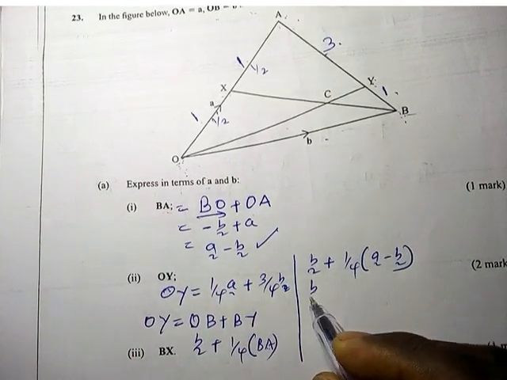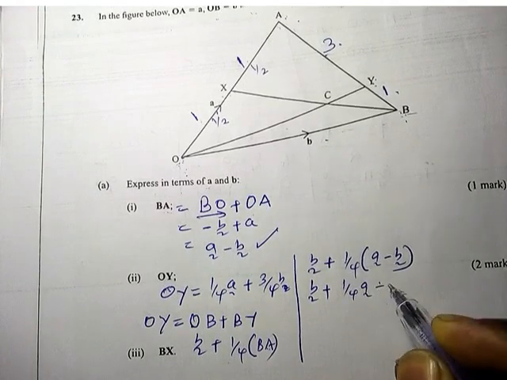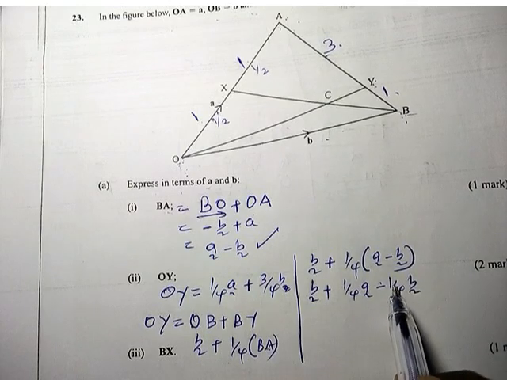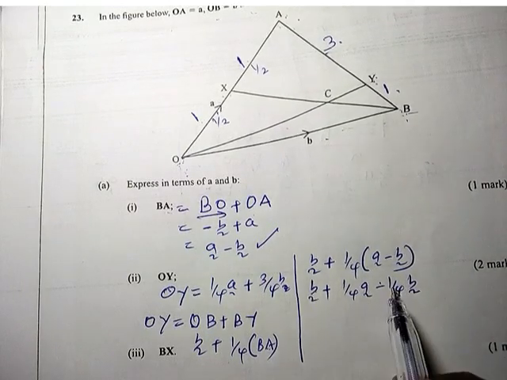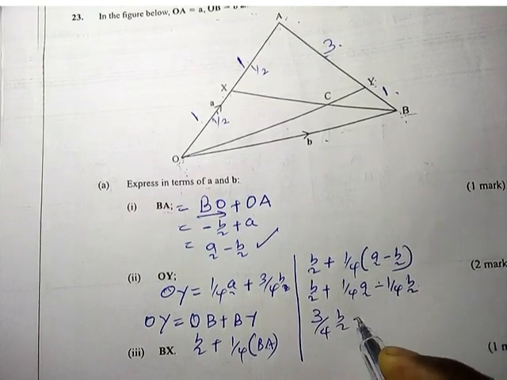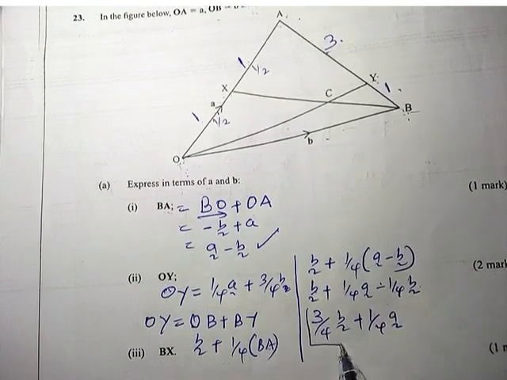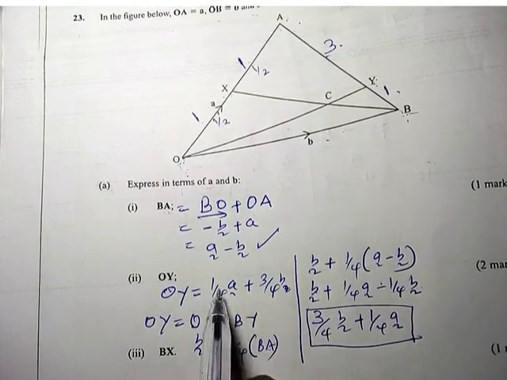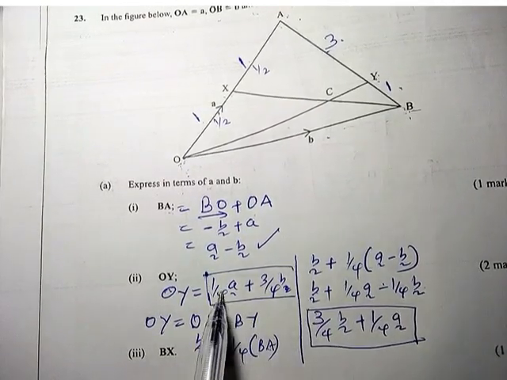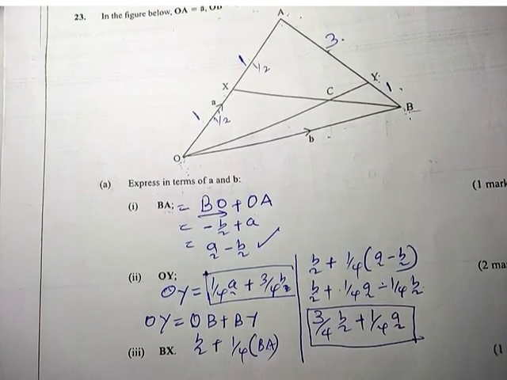So this one is going to be B plus 1 over 4 A minus 1 over 4 vector B. Like terms together, 1 B minus 1 over 4 B, we will have 3 over 4 B plus 1 over 4 A. Now this and this, do you see they are similar? So here you can use the ratio theorem directly, or use the long way. You will decide.